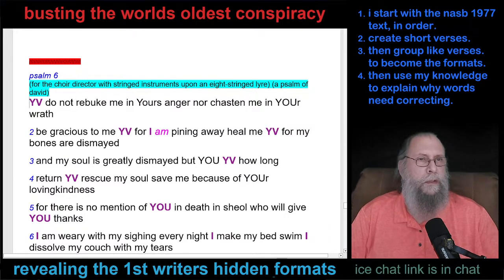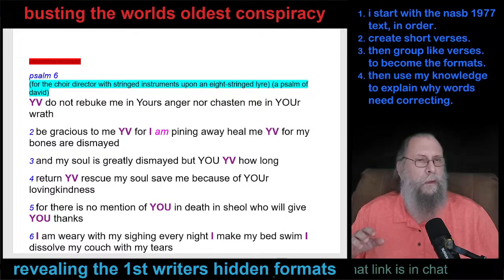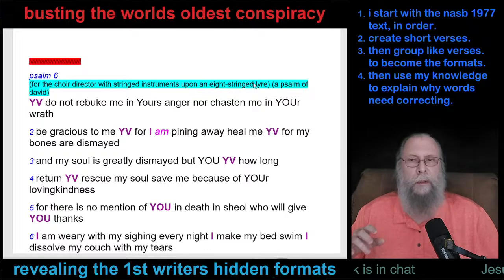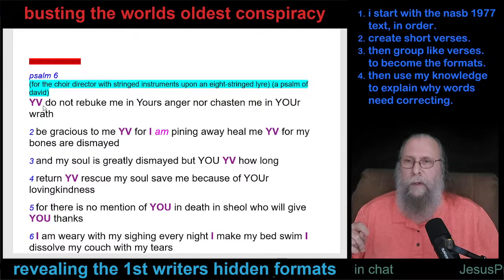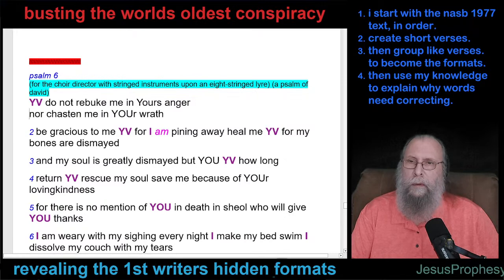Now, as it says up here in my list, I'm going to look for the shortest sentences I can. Whoops, I need to pull that down a little bit. And then I'm going to look for the format. "Why do not rebuke me in your anger, nor chasten me in your wrath."